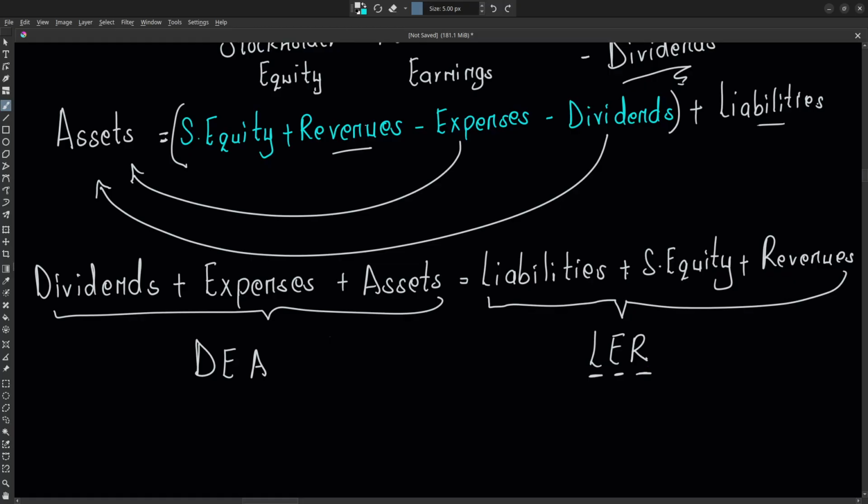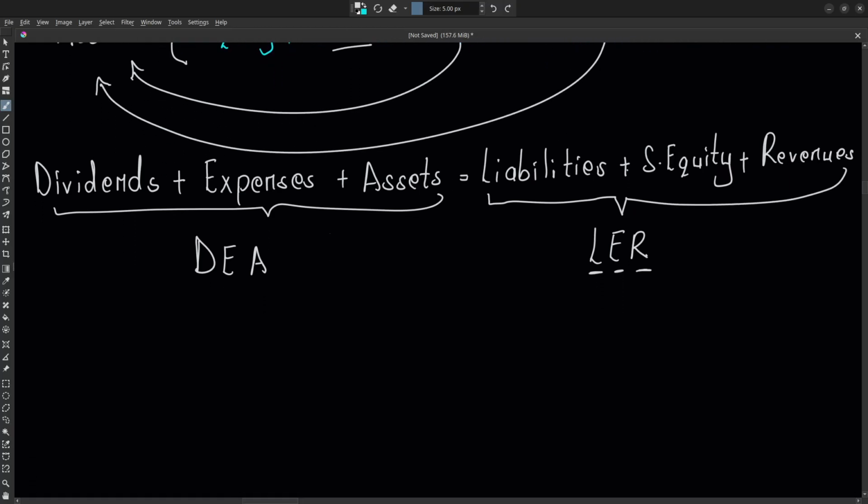Okay, why do you need to note this? It's because the accounting equation is the concept that brings about the double entry accounting system. And for you to be able to understand what to do when you're passing journal entries, when to debit, when to credit, you need to understand the accounting equation concept.